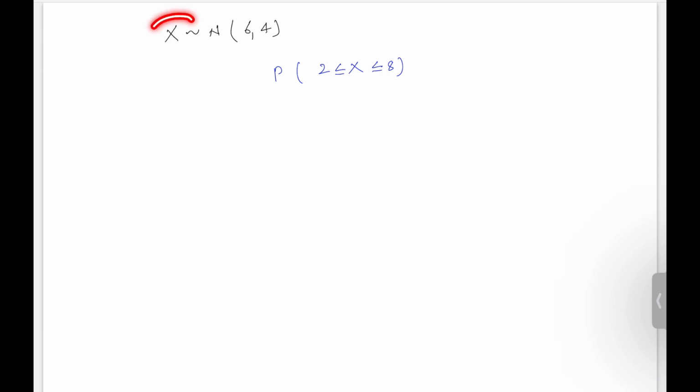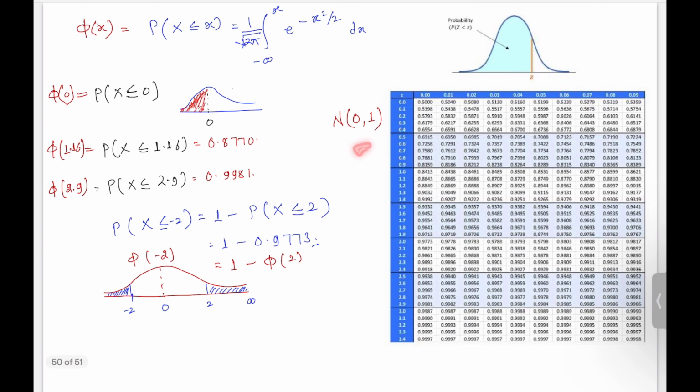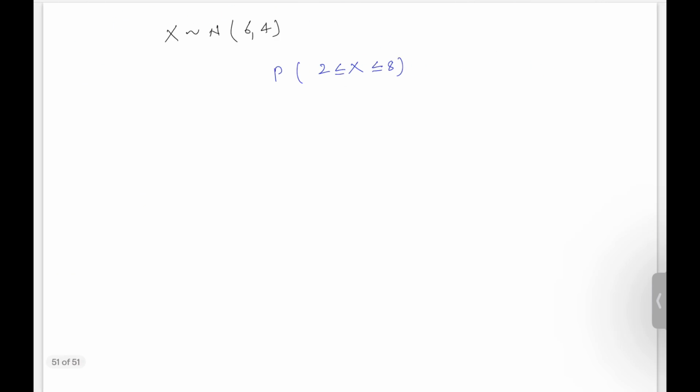Once we have the standard normal random variable, we can use this table to find the probabilities. So what is the trick we can adopt here?